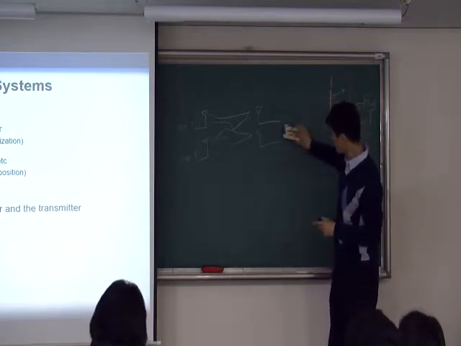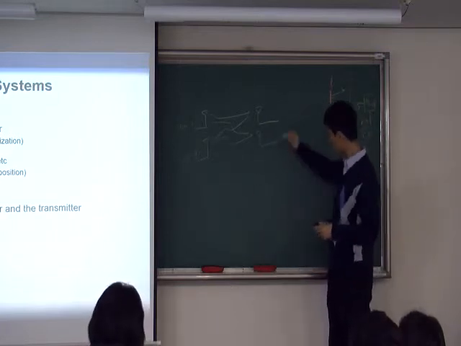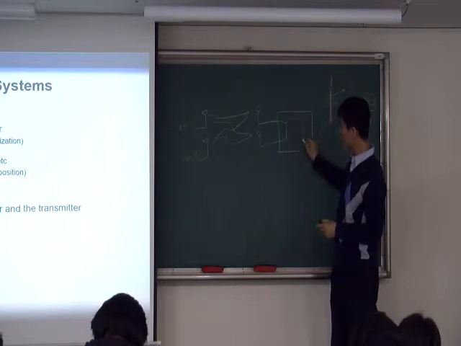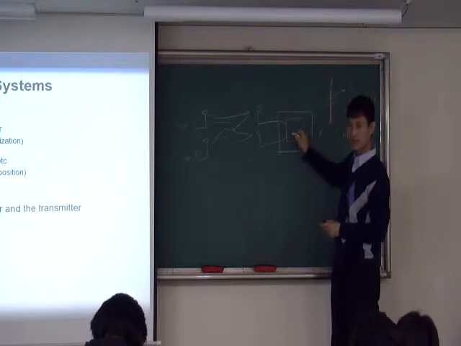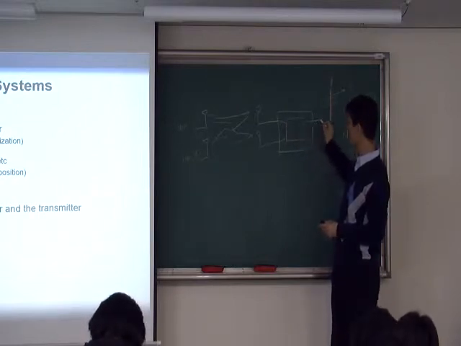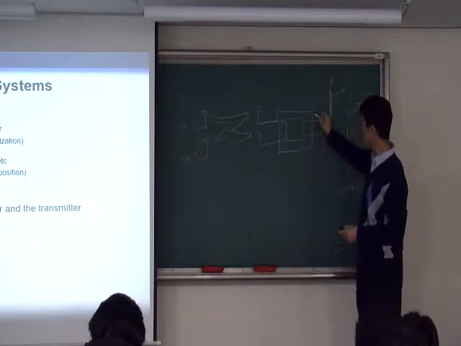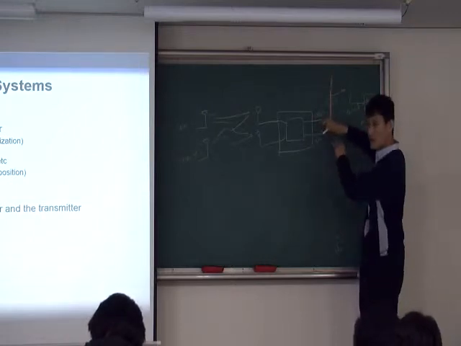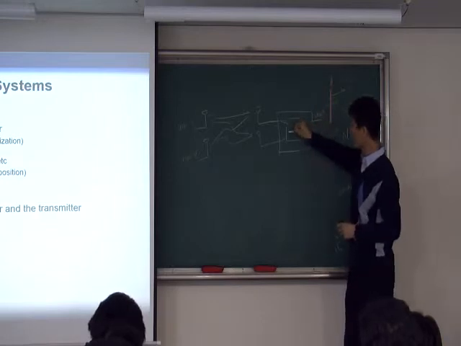What we need to do is, at the receiver right here, we bring these two together and do some signal processing. After the signal processing, you recover only the user 3 message and only the user 4 message. You want to separate user 3 and user 4 after the receiver.